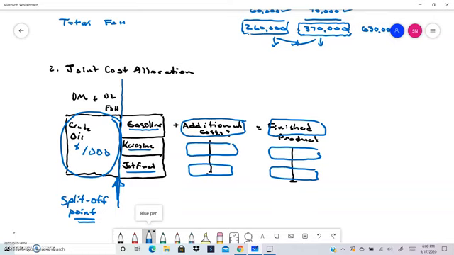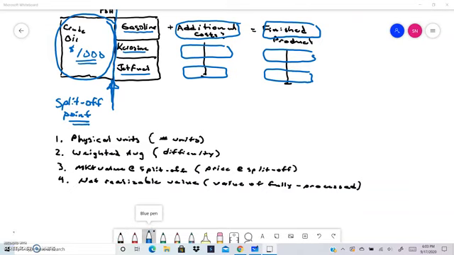So that's the question in this particular example. How would we allocate the $1,000 of costs among those three products? And then from there, we would be able to add any additional costs onto that. So there's 4 different methods that we can use to allocate, in this case, this $1,000 of joint costs.